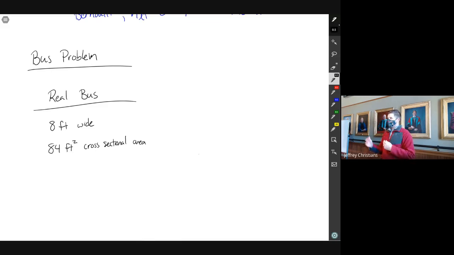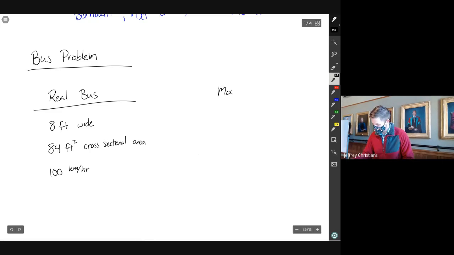And we care about this bus traveling at highway speeds. So let's say we care about the drag force at 100 kilometers per hour, like 60 miles per hour. We care about what's the drag force at highway speeds. We're going to be trying to investigate what's happening on this real bus with our model system.